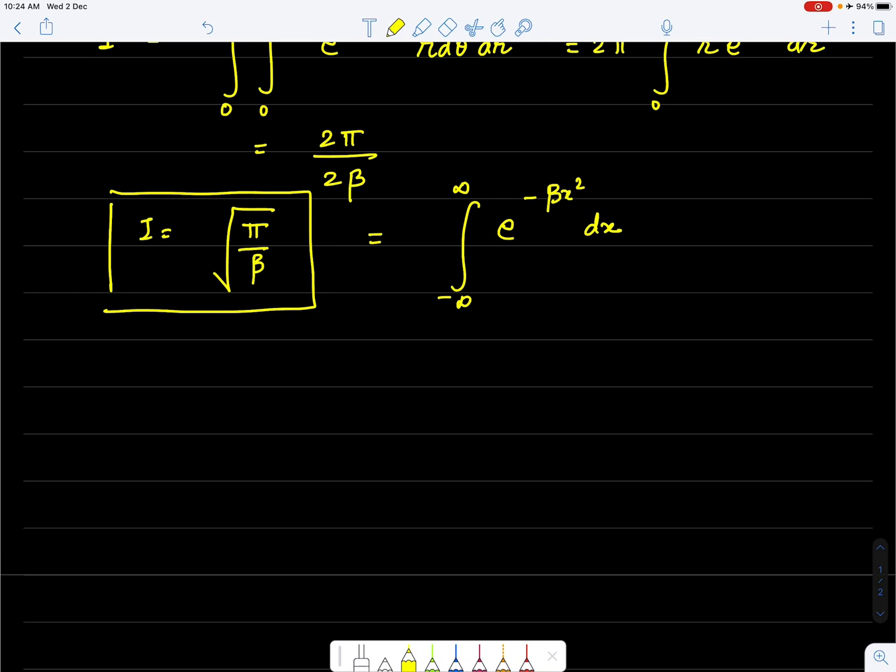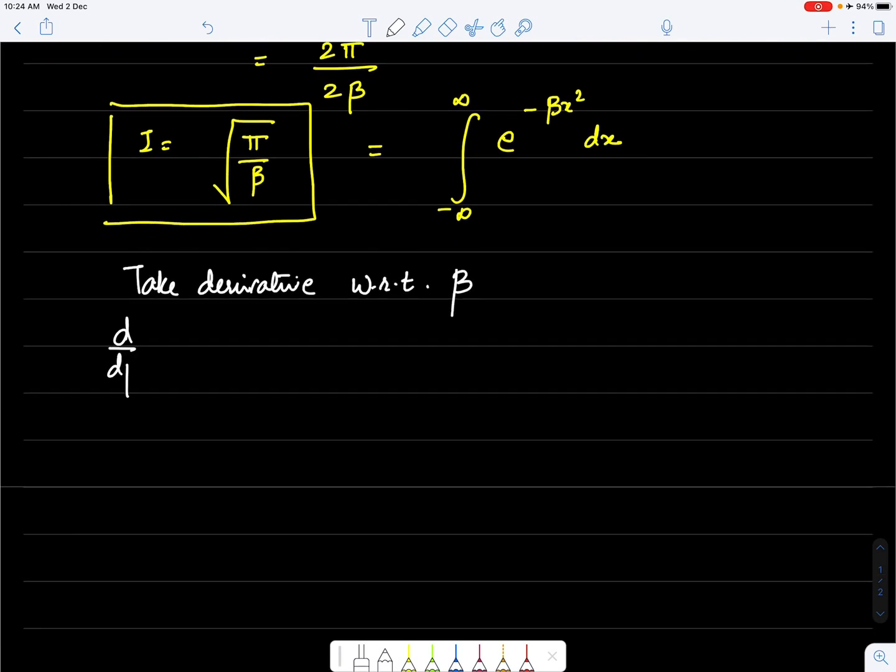The second is, if I take the derivative of this integral with respect to beta, what would we get? We get d by d beta of the integral from minus infinity to infinity of e to the power minus beta x square dx, which can be written as the integral from minus infinity to infinity of minus x square e to the power minus beta x square dx, where please note that the derivative is with respect to beta.